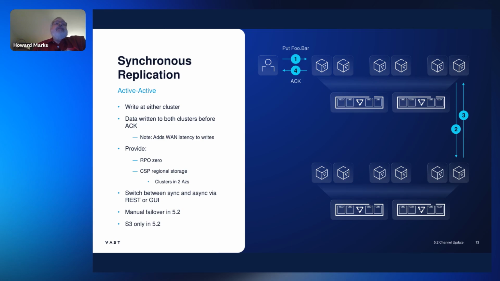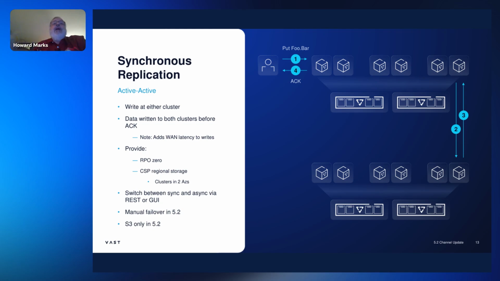If you have data coming into your system that has to be saved and that will just be lost if the system goes down or part of the system goes down, the only real solution is synchronous replication. And what synchronous replication means is that when you write data to one cluster, that cluster writes the data to the other cluster in the pair, receives an acknowledgement from the second cluster, and only then acknowledges the write to your application.